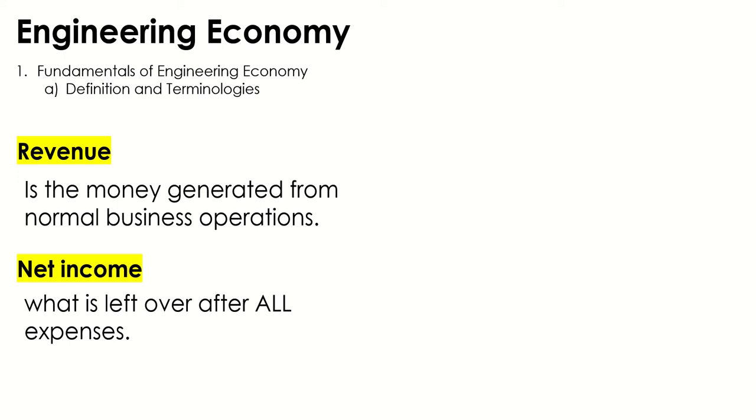Net income, for example, if you are selling cake, and one piece of the cake is 2 pesos. When you have 1, 2, 3, 4, 5 slices, right? So you are expecting that at least 5 pieces.